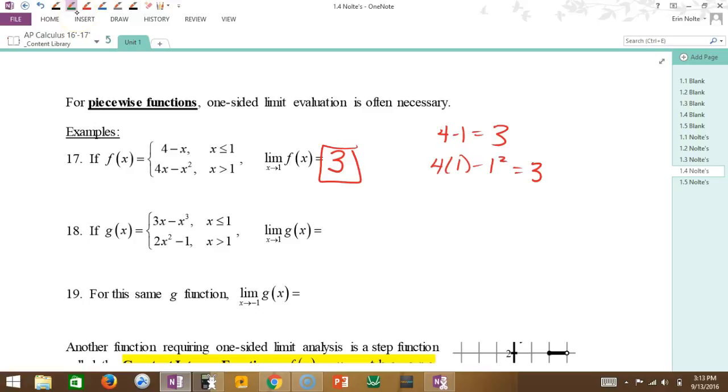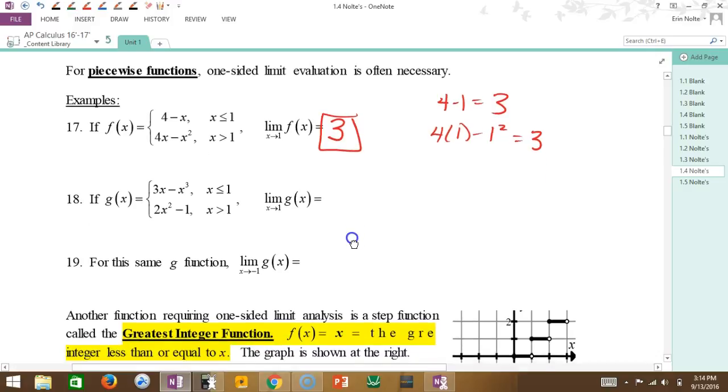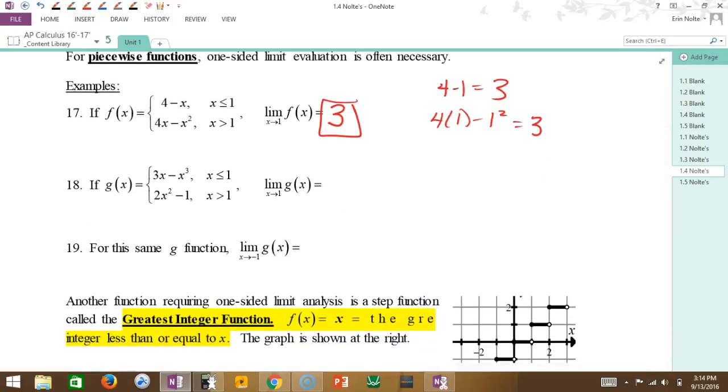So what about 18? What are we going to do for 18? The same thing. Sure, the same thing, right? Because again, it's asking for the x value of 1, which is where this piece divides itself. Okay, so we're going to plug 1 into both pieces. So we've got 3 times 1 minus 1 cubed, so that would be 3 minus 1, 2.